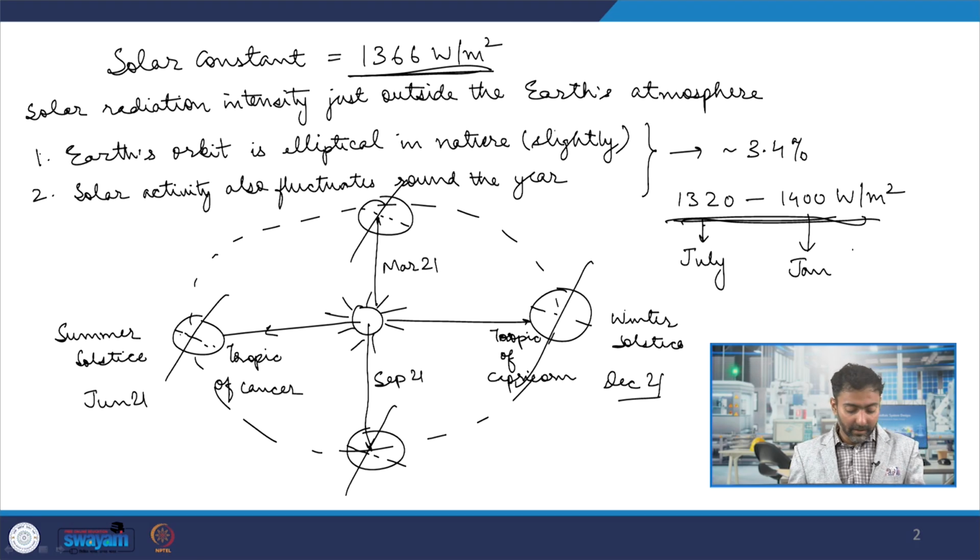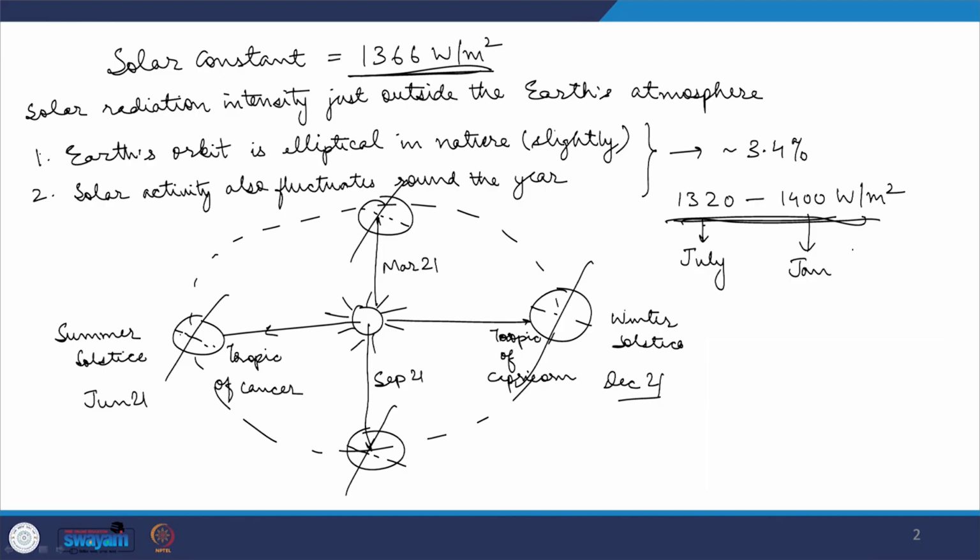Now let's enter inside the earth's atmosphere and see what effects come into picture, so that we can understand how the terrestrial solar radiation is characterized.